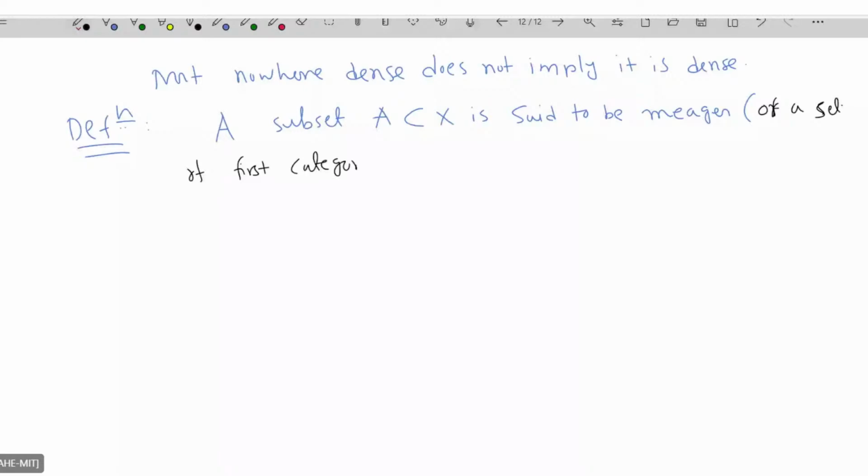Sometimes some people say first category. So a subset is said to be a meager set or a set of first category.